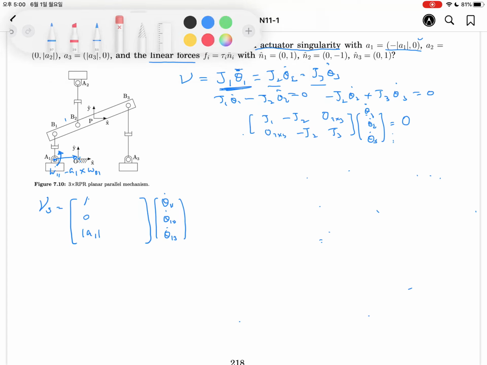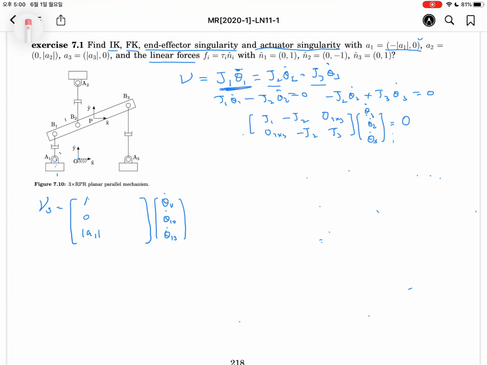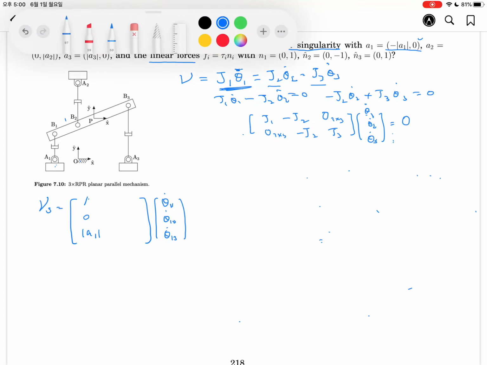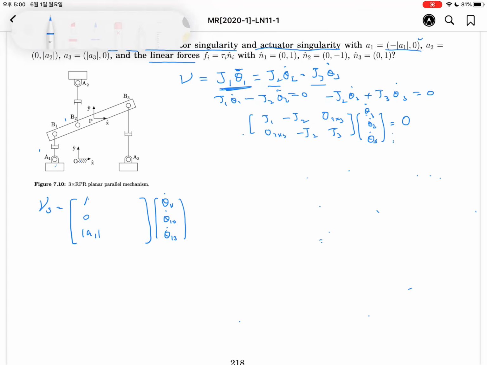Okay, let's obtain the second screw axis. If you move, the theta 1, 2 is about the linear movement of this prismatic joint. So there is no rotation movement. It is corresponding to the y direction. So 0 and 1.